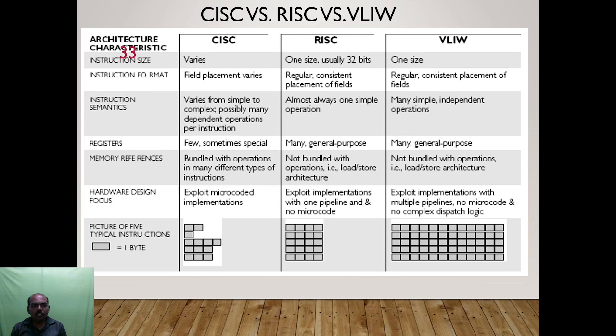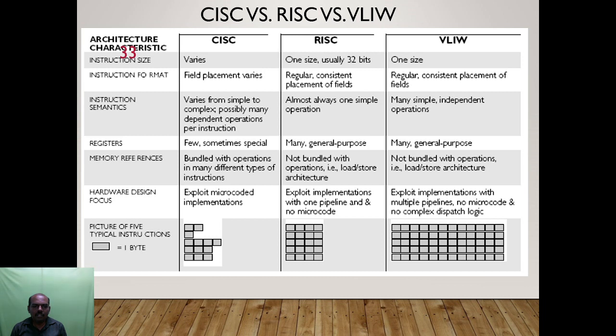In CISC processor, memory references are bundled with operations in many different types of instructions. In RISC processor, memory references are not bundled with operations, that is, load or store architecture. In VLIW, memory references are not bundled with operations, that is, load store architecture.